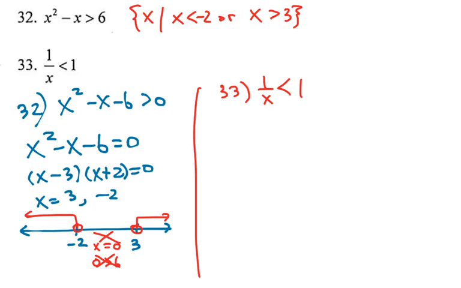Then I'll get 1 over x minus 1 is less than 0. But I want to make it one common fraction, so I multiply top and bottom by x. Then on the bottom it is still x, and on top it is 1 minus x. It's less than 0.